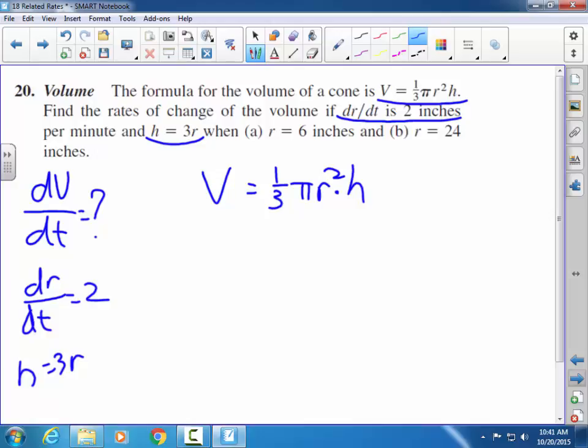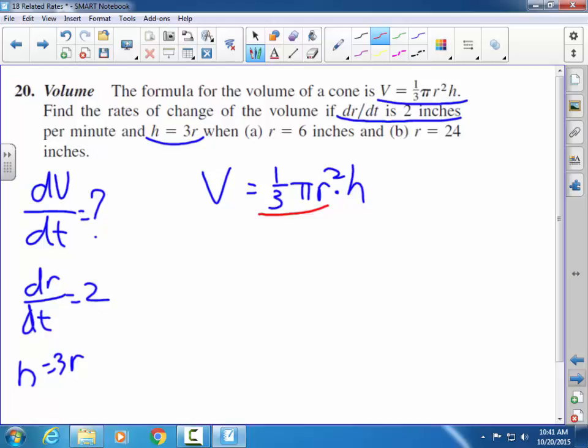So we'd have to go in here and just think out loud for a second. If we thought of this as the first, and we say first times the derivative of second, what's the derivative of h with respect to time? dh/dt.